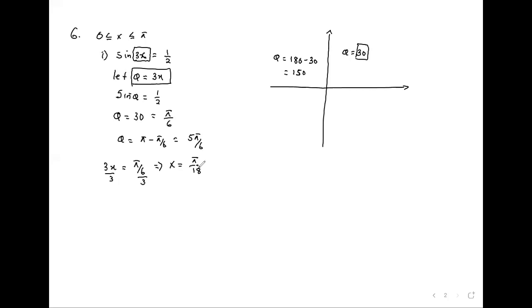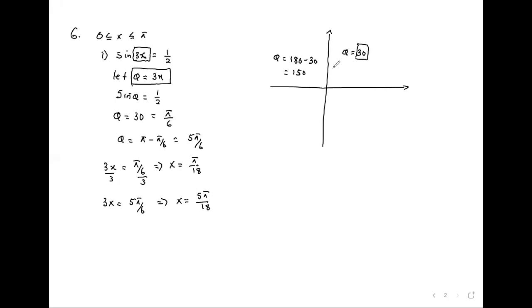We also have another one, 3x, meaning theta is equal to 5 pi over 6. When you divide by 3, you get 5 pi over 18. So we have two values of x.